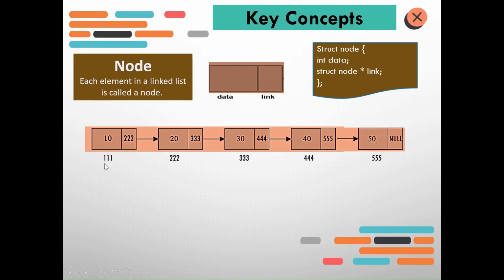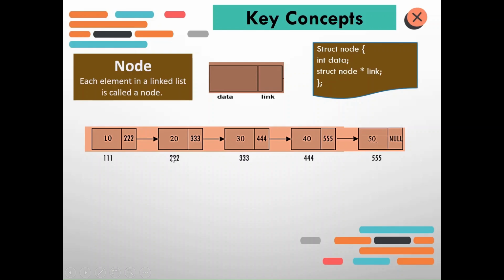Writing 111 here means that this node would be accessible at the memory location 111. Obviously this is a hypothetical value, right? For understanding purposes I have written 111 as the address of this node. Same way, this node has been declared at the address 222 and so on, right?